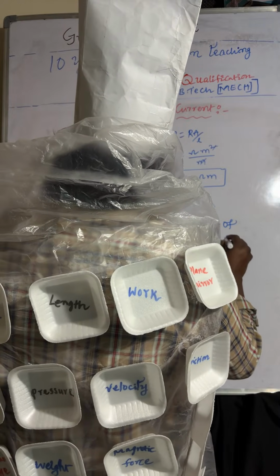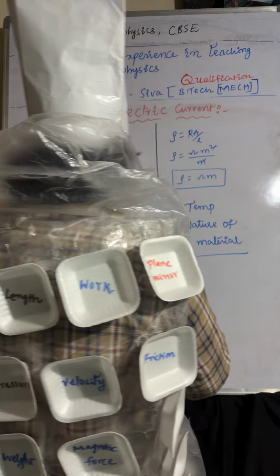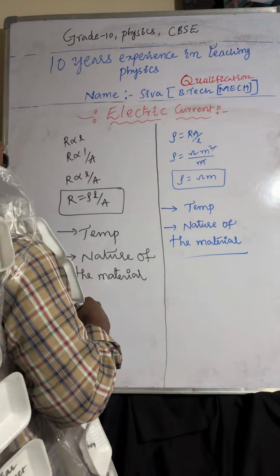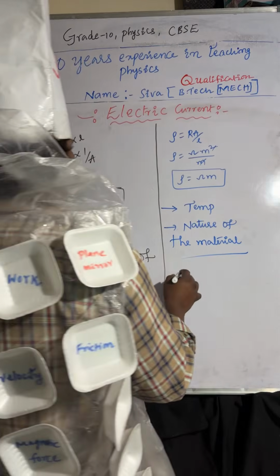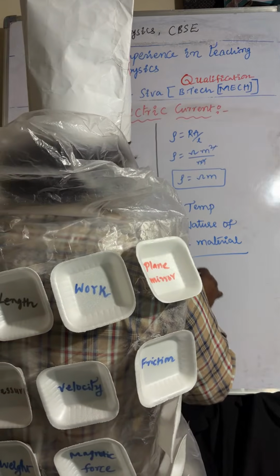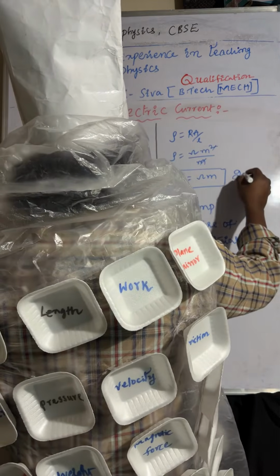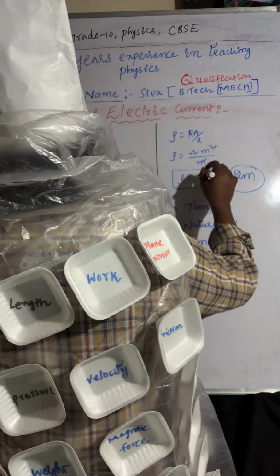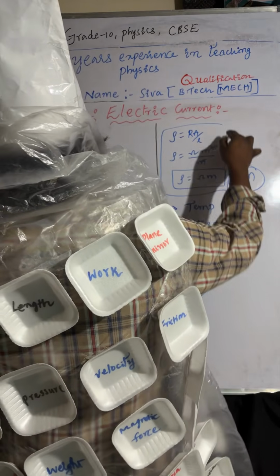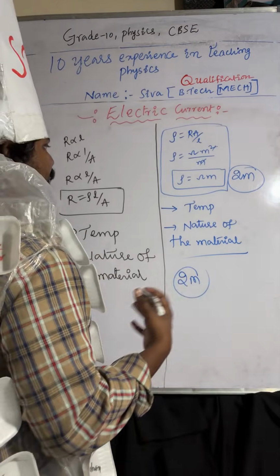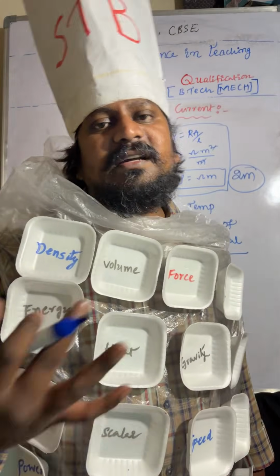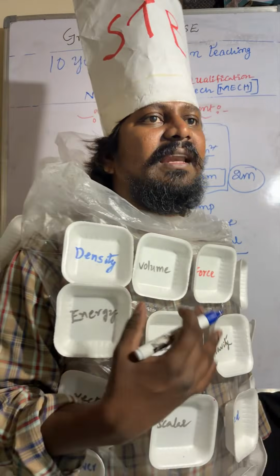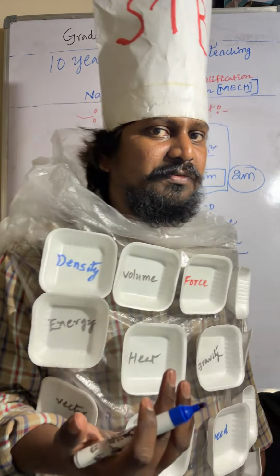So this is very important, so be very clear with that. Definitely differences they will give for 2 marks, and especially this question they will give for 2 marks. Derive the SI unit of resistivity, or express the SI unit of resistivity, or write the relation between resistance and resistivity.